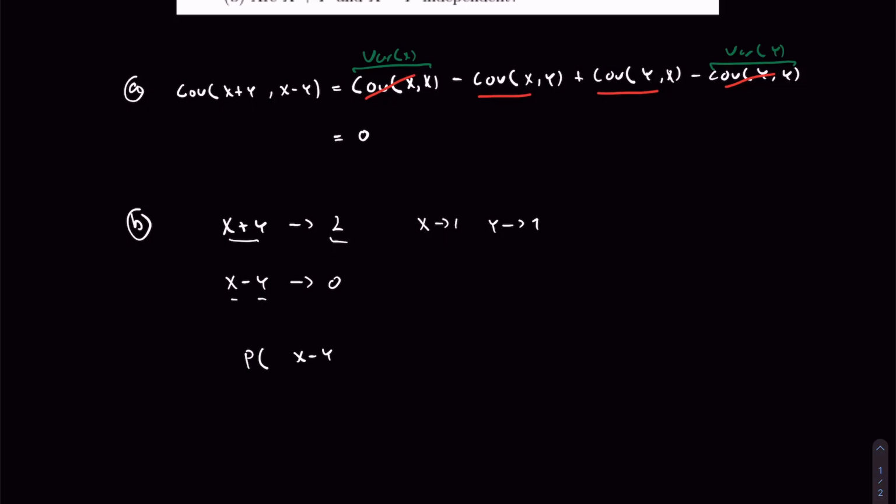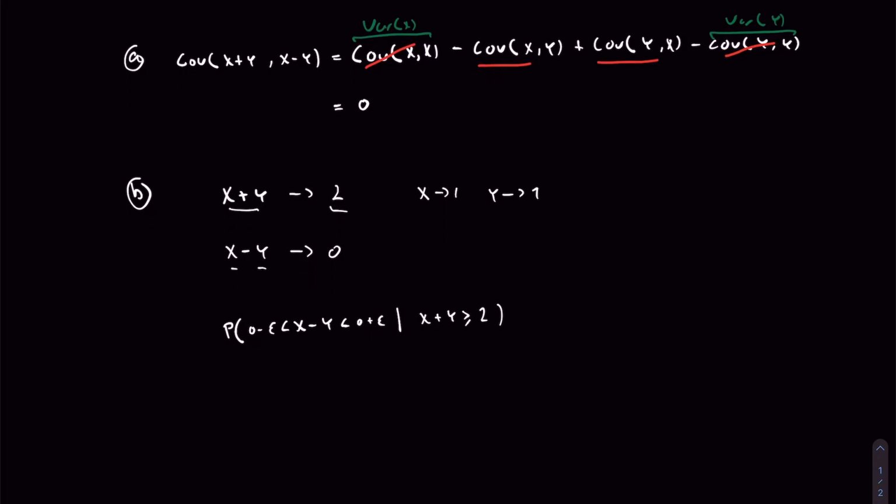And we can then say that the probability of X minus Y, and the way to think about this is perhaps, for small epsilon, we can bound the conditional distribution of X minus Y as we let X plus Y approach 2.